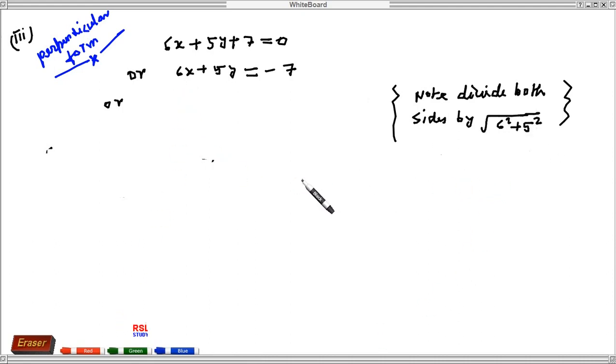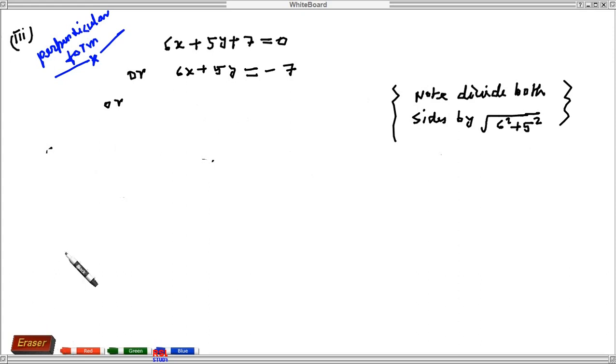Just recall how the perpendicular form we attended. We take the coefficient of x and coefficient of y, then square each, add them, and take the under root. Now through these numbers, we divide both sides, in the LHS part and RHS part, that is, in the whole equation.